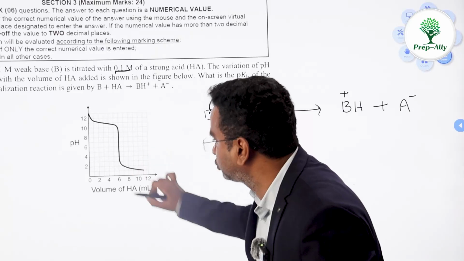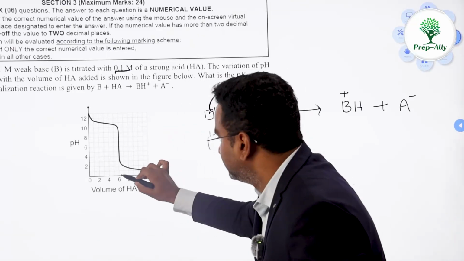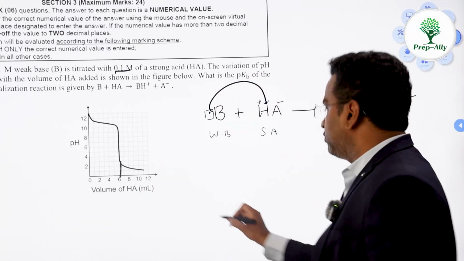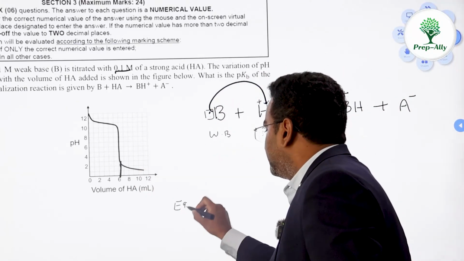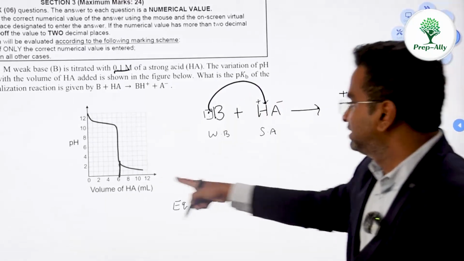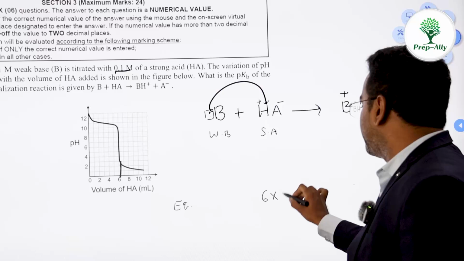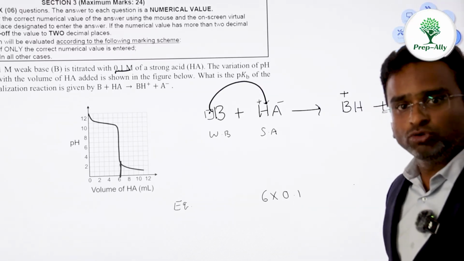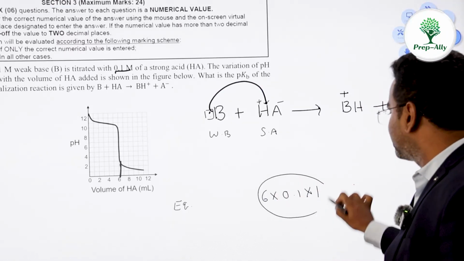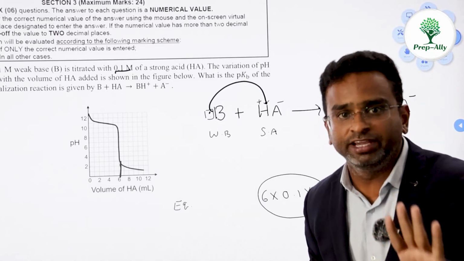The volume corresponding to the sudden drop is 6. So at equivalence, 6 ml of 0.1 molar acid, whose n factor is 1 only, means this many equivalents of strong acid are required for the neutralization of the weak base.